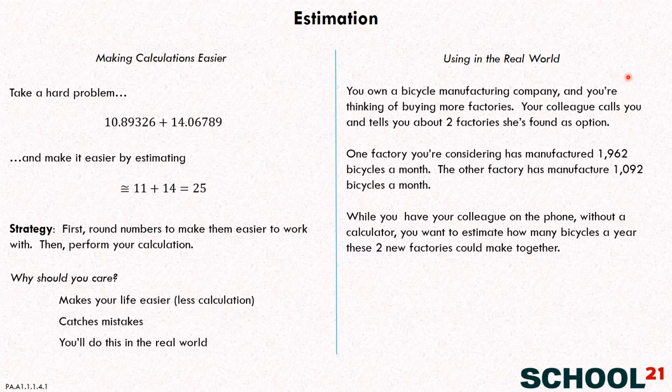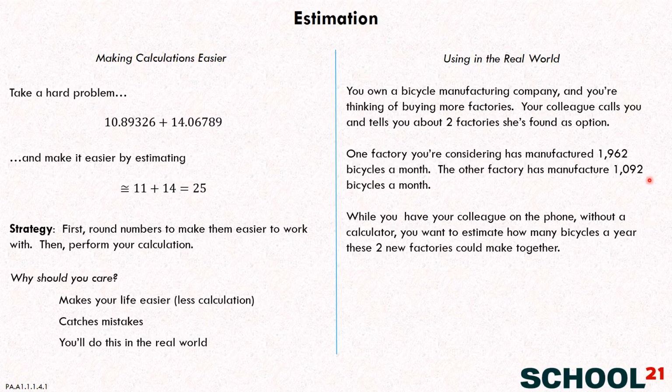One factory you're considering has manufactured 1,962 bicycles a month, so a big number there. The other factory has manufactured 1,092 bicycles a month. Now, while you have your colleague on the phone, without a calculator, you want to estimate how many bicycles a year these 2 new factories could make together.